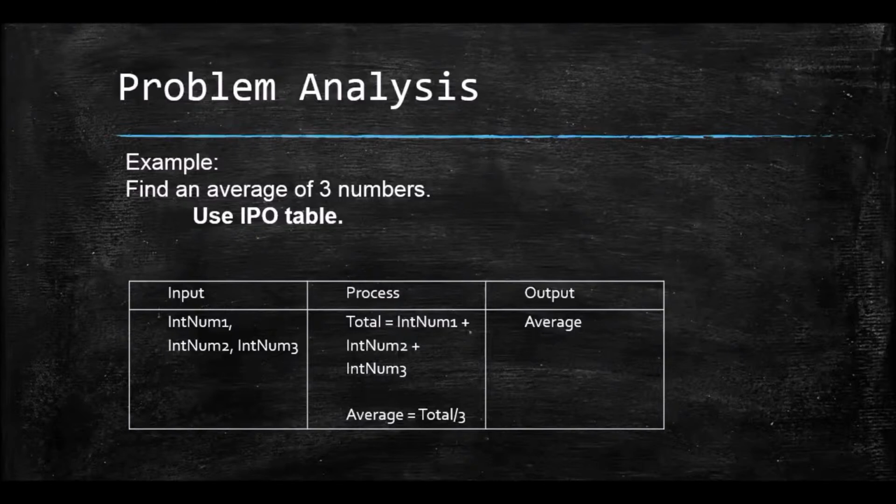Okay, how about the process? Process is more for the formula. So what is the formula for average? Simple. Add those 3 numbers and divide by 3. So that is our process. Output. As I explained just now, output is something that we want to find. Based on this question, we want to find the average. So the output is average.